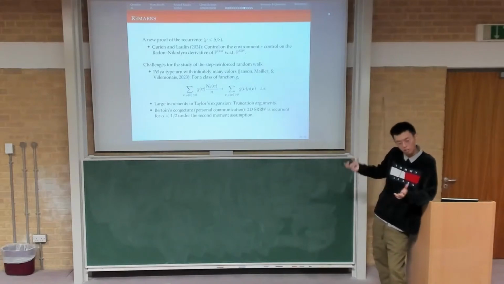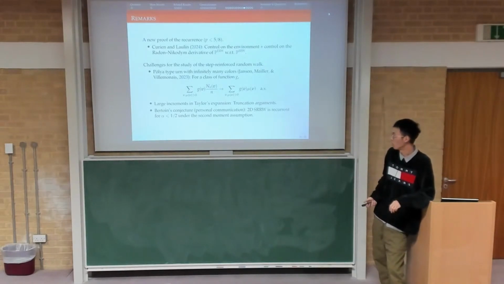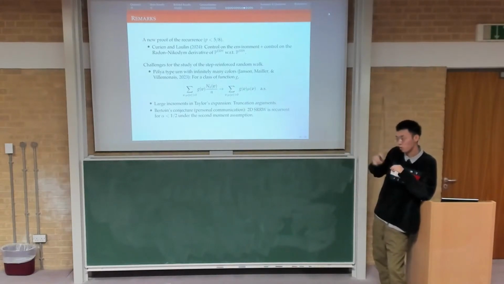For a larger class of functions G, we have this convergence. And also, previously we used the Taylor expansion, which depends on the argument that the next jump is relatively small compared to the current distance to the origin, the norm of Sn.